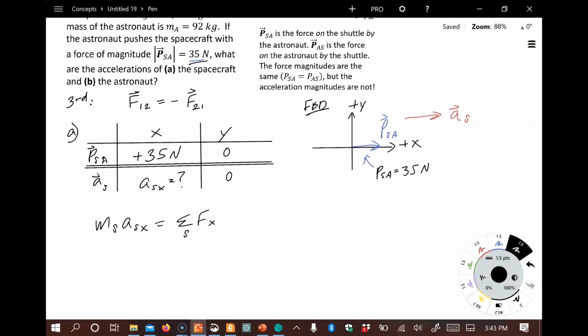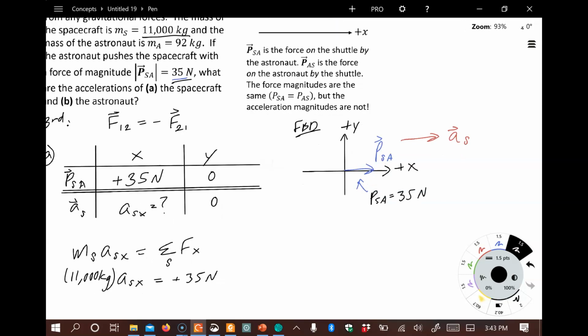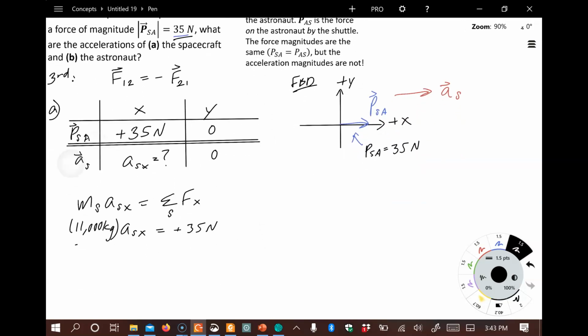So the space shuttle's got a big mass, 11,000 kilograms. And the acceleration in the x direction, we don't know what it is, we'll leave it there. There's only one force in our sum, and it's equal to a positive 35 newtons. And now we need to solve for a sub x. So we're going to divide both sides by the mass, and we'll figure it out.